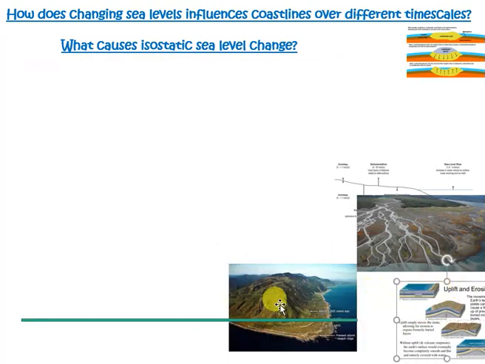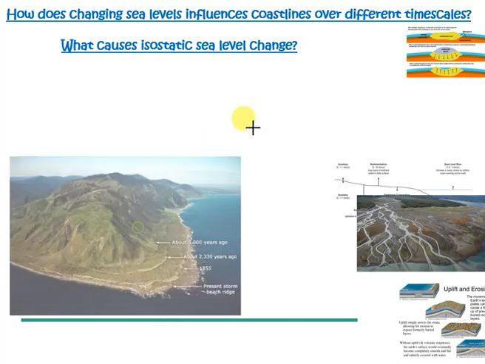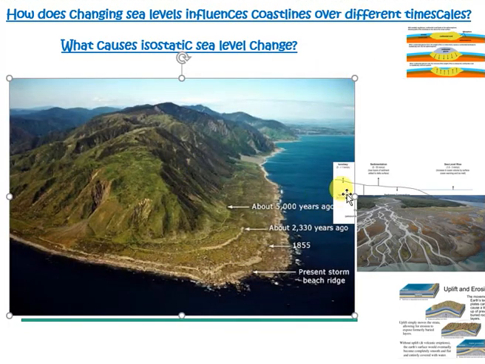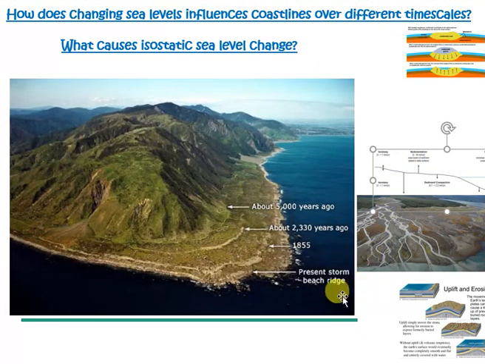An example of tectonic uplift, just here, Turakirae Head in New Zealand, and you can see these markers, if you like tide marks on the land, where it's evidence of where the sea level was in the past. So this is where the sea level is currently.